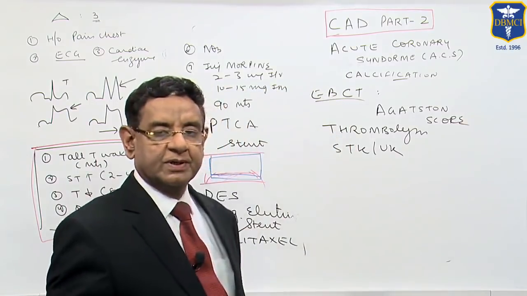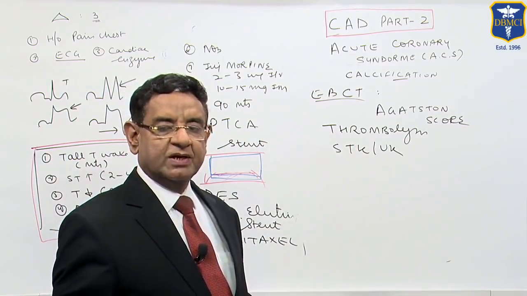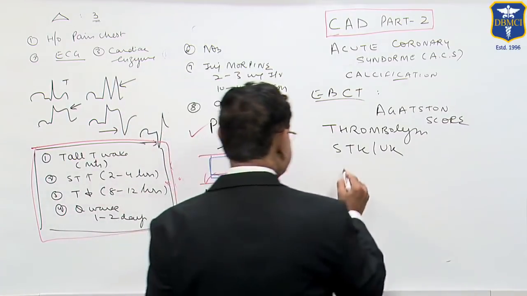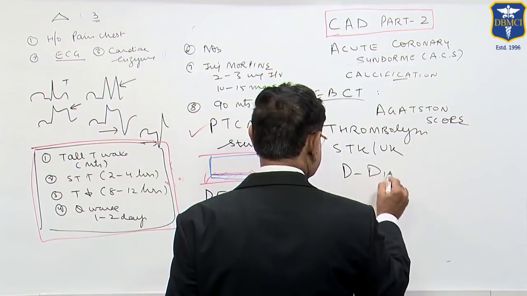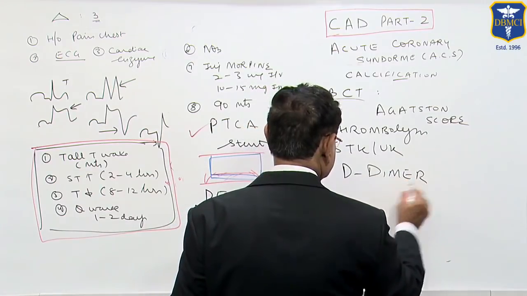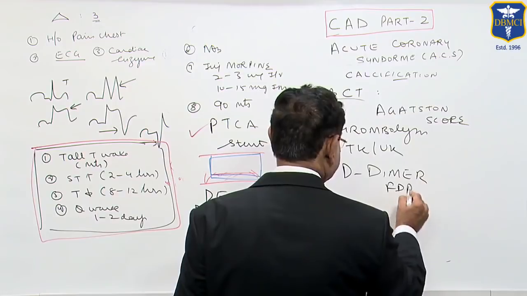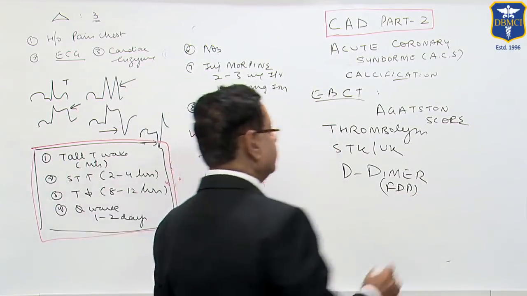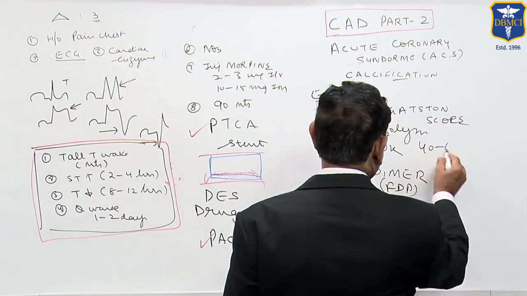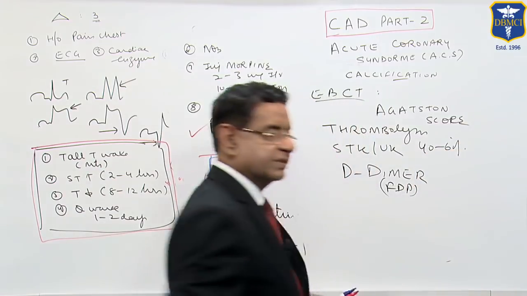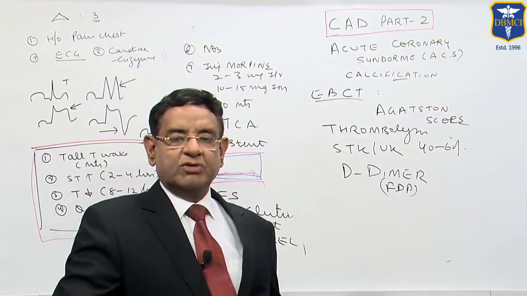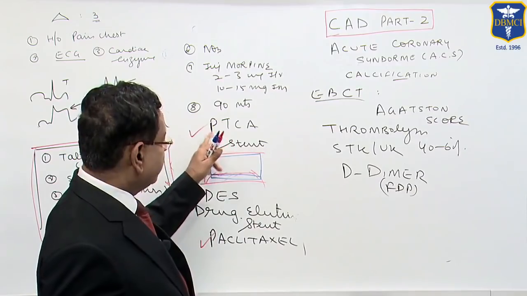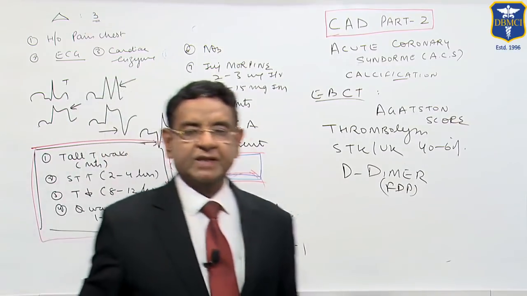Okay, and it will dissolve the clot, and D-dimers are produced, which are nothing but fibrin degradation products. But thrombolytic therapy is effective in around 40 to 60% of cases. That's why now, without doubt, if PTCA is available and indicated, it is far superior to thrombolytic therapy.